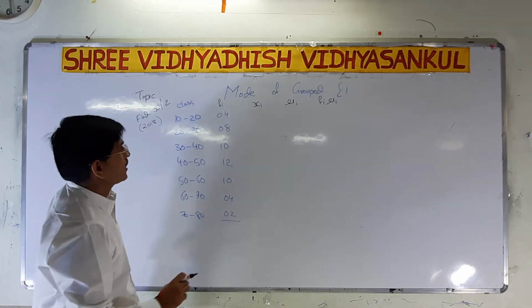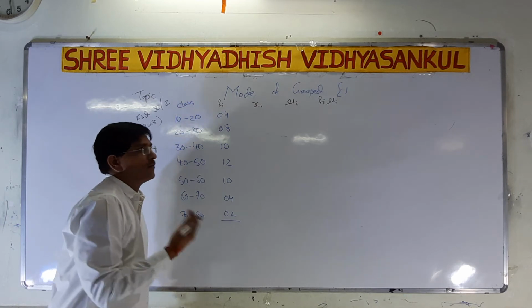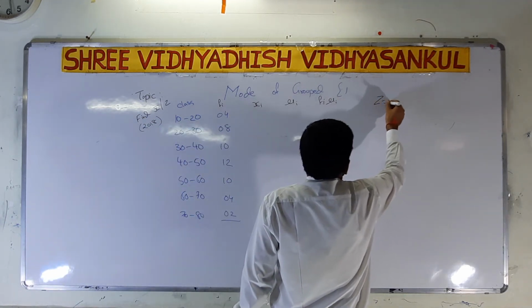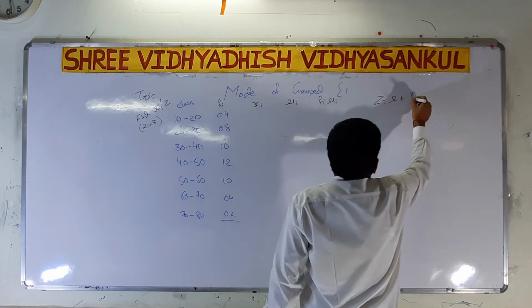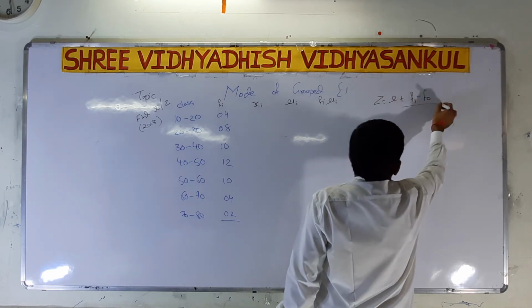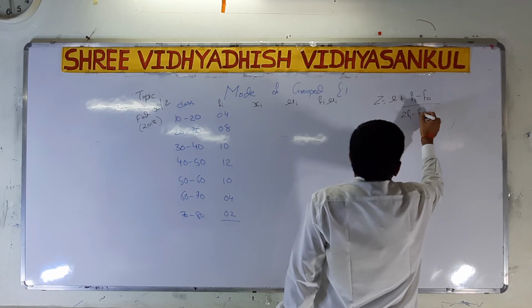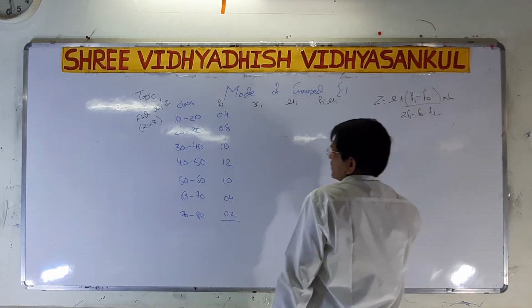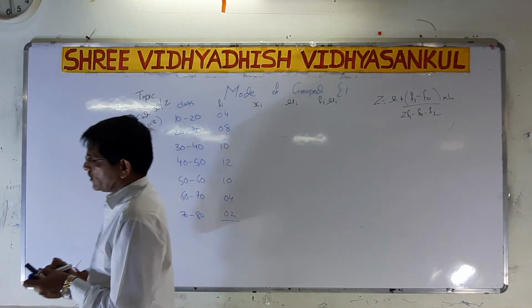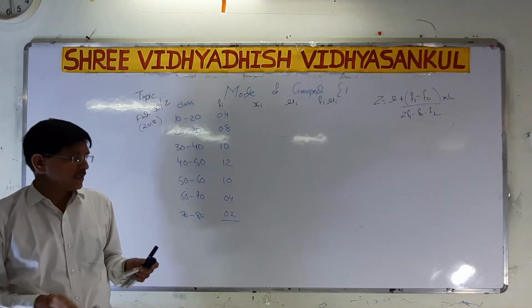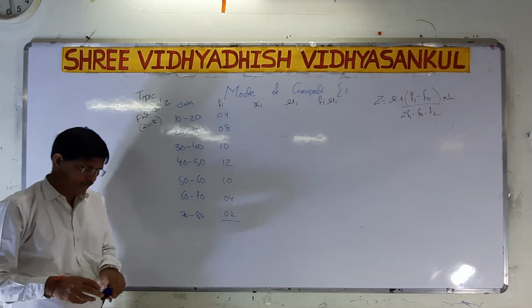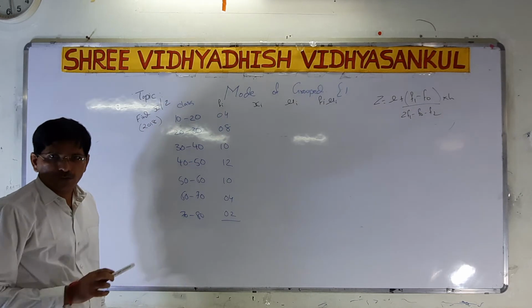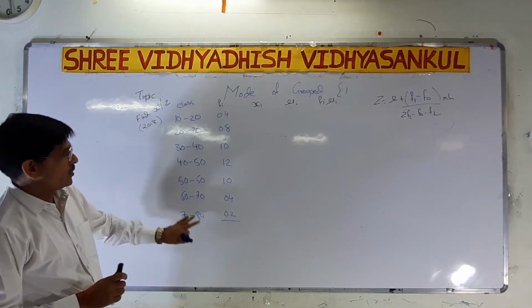So when two types of mixed sum are there, then we have to write again here that Z is equal to L plus F1 minus F0 over twice F1 minus F0 minus F2, into height H. So both sums are there, and you have to do it yourself. Already I have explained how you have to do it. That way you have to write.